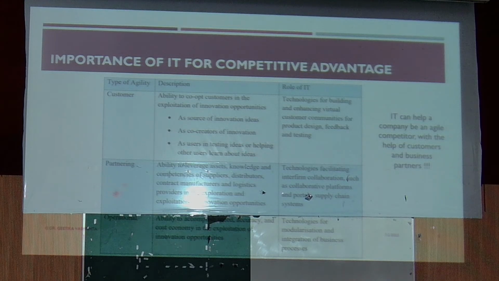Okay, then partnering. Technologies facilitating inter-firm collaboration such as collaborative platforms and portals, supply chain systems. In supply chain systems, Amazon has involved a lot of technology, especially the role of RFID is very big in supply chain management. In supply chain management we have retailers, suppliers, buyers, a lot of entities involved.